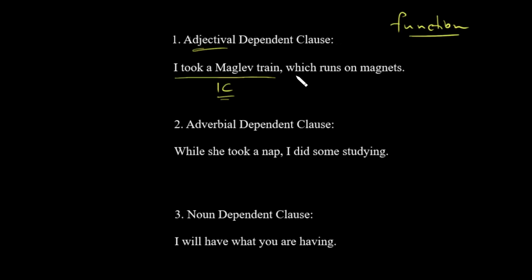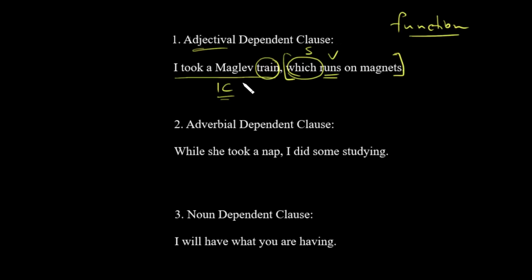Then we have this relative pronoun which introduces more information here. And we have a verb, runs. So there's our verb, which is not only connecting this, but it's also functioning as the subject of this new clause, which runs on magnets. And all of this together here, which runs on magnets, it's describing the train.